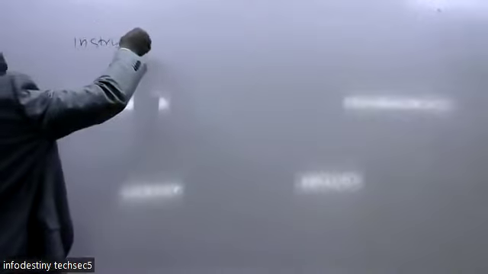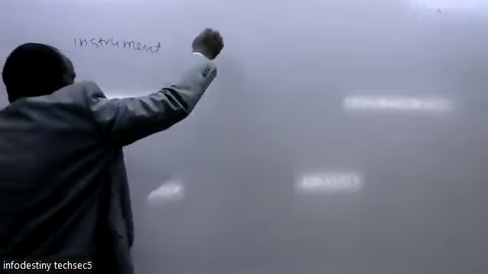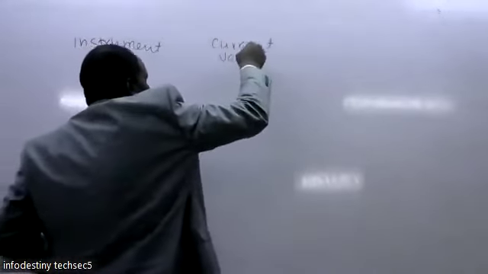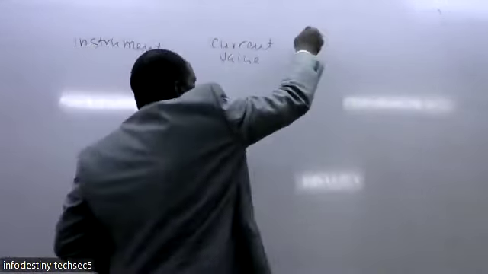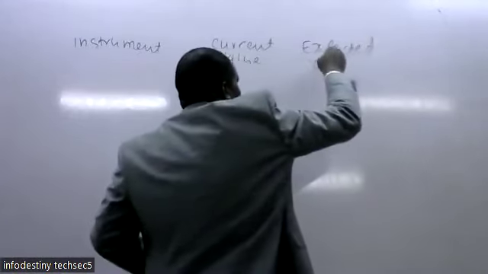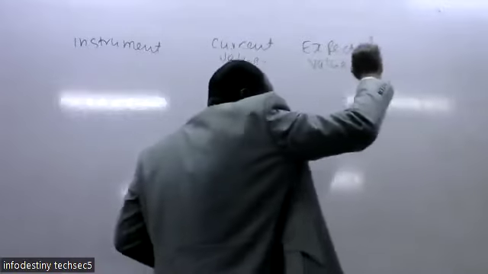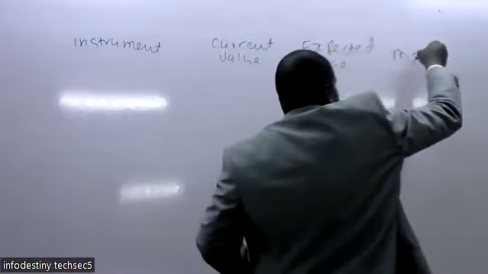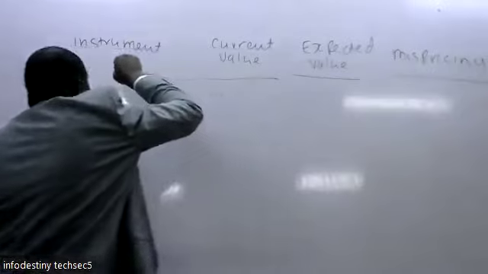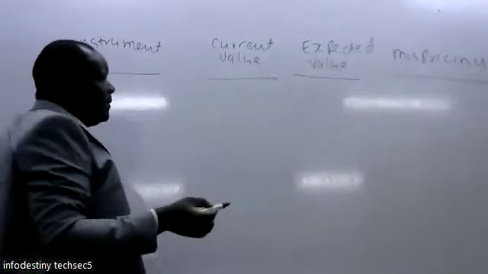So we shall have the column for the instrument, then current value, then expected value, then mispricing. Mispricing is the difference between the current and the expected.